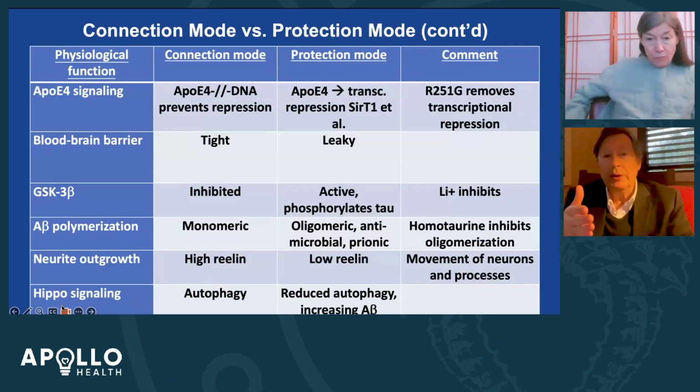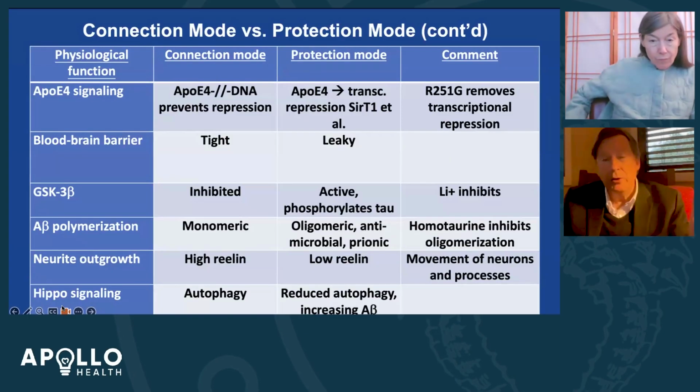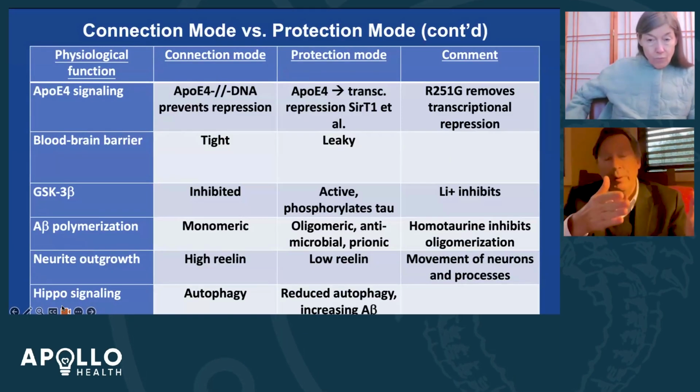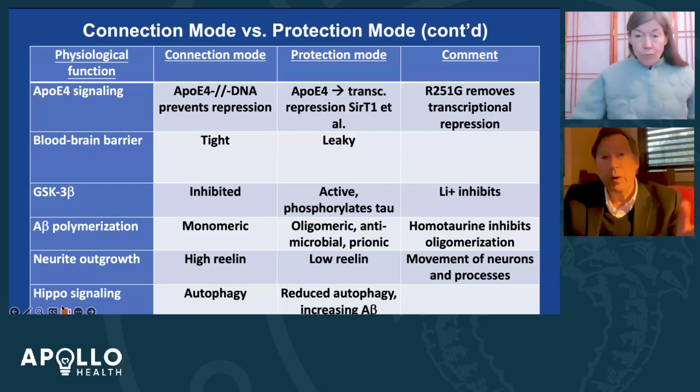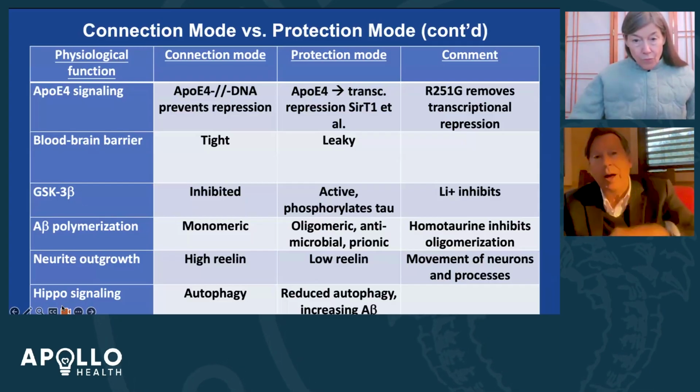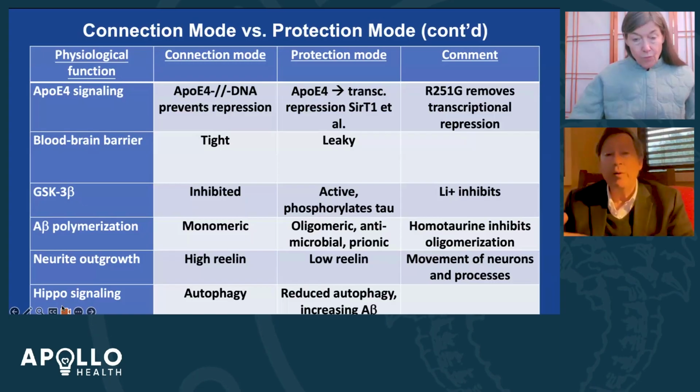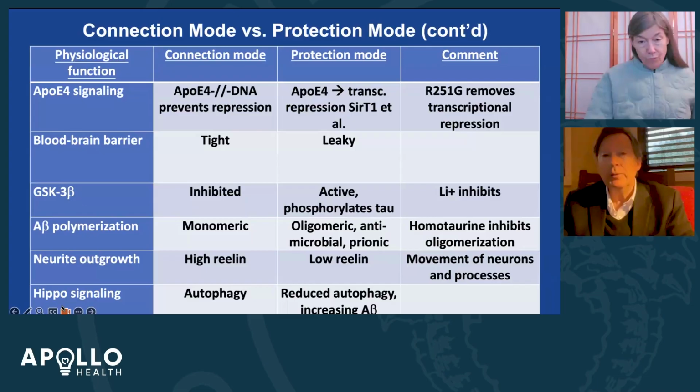When it's off the DNA, you make your SIRT1. You can see the RNA polymerase bind. You make the SIRT1. When you switch over to protection mode, the ApoE4 is down on the DNA, and now you're preventing the production of SIRT1. You're preventing this mode of connectivity, and you're switching over to this protection mode.